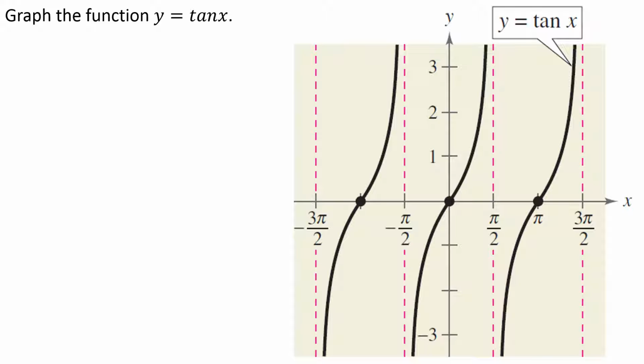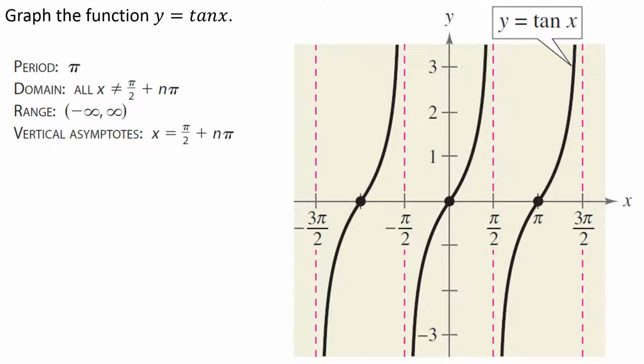So you'll notice every pi units, we've got a vertical asymptote. The period happens to be pi. Every pi units, we've got a complete cycle because it repeats itself. The domain, you can plug in anything you want for x, as long as it is not pi over 2 or a multiple of pi units from pi over 2.